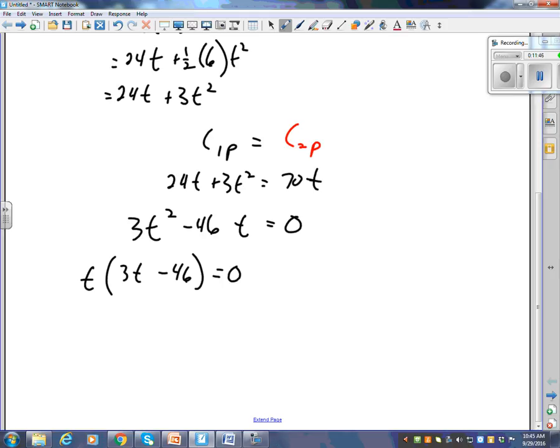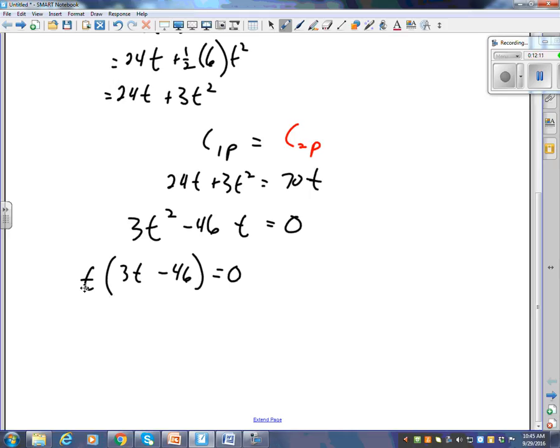You've all seen that type of thing before? I think it's about grade 10. I know that factoring is taught. Okay, so now what does this mean? It means we have two things. Either the t is equal to 0, which is what I said right at the start, right? Remember I said they're going to be side by side? So I already know that I'm on the right track.